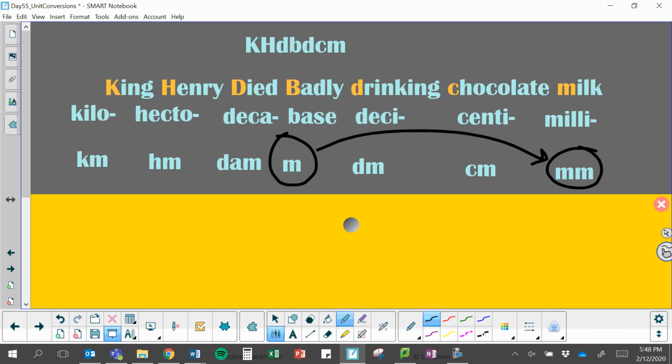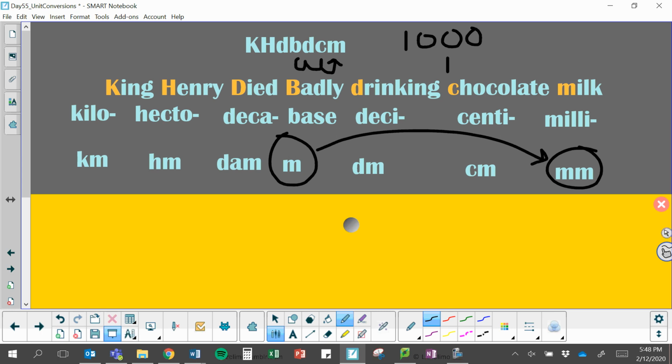Okay, so we're starting with our meters, which are our base unit, and then we're moving 1, 2, 3 places. And so that means we have 3 places we're moving, so we're going to have 3 zeros in our numbers. So we're going to have 1,000, and the other number is always going to be 1.